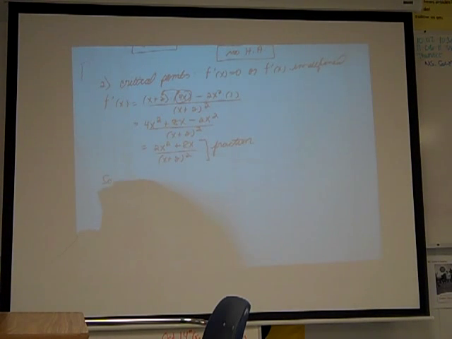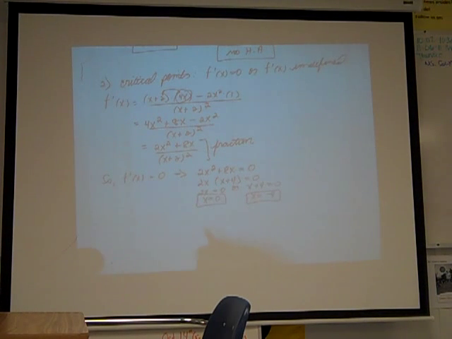So, if I'm asking where is f prime of x equal to 0, all I need to do is figure out where is 2x squared plus 8x equal to 0. I can solve that pretty quickly by factoring out the 2x. 2x times x plus 4 equals 0. So 2x equals 0 or x plus 4 equals 0. We get 0 and -4. Great.